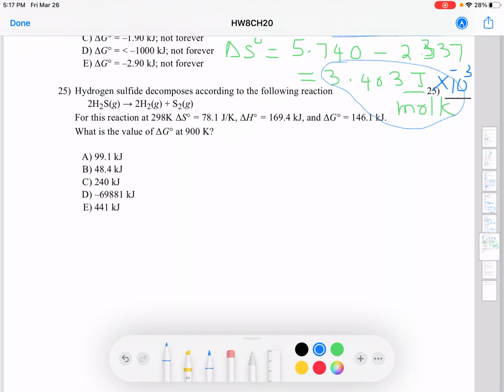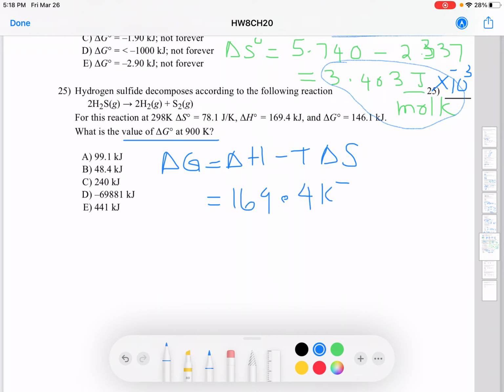So for this one, again, we're going to use delta G equals delta H minus T delta S. I'm going to find out delta G naught at 900 Kelvin, and delta H naught is given as 169.4 kilojoule, and then the temperature 900, times delta S naught, 78.1 into 10 to the negative 3, making it to kilojoule.